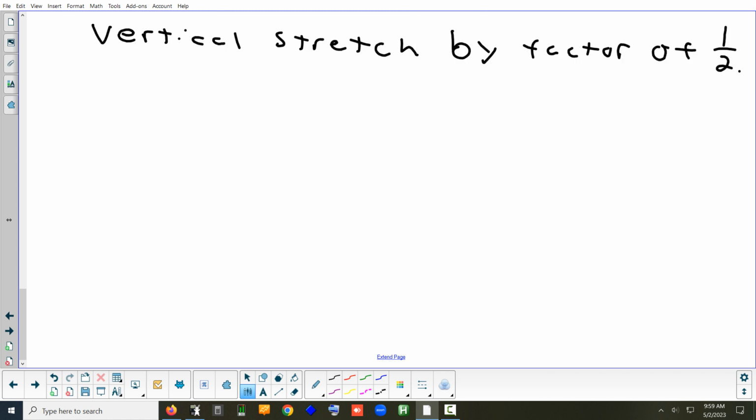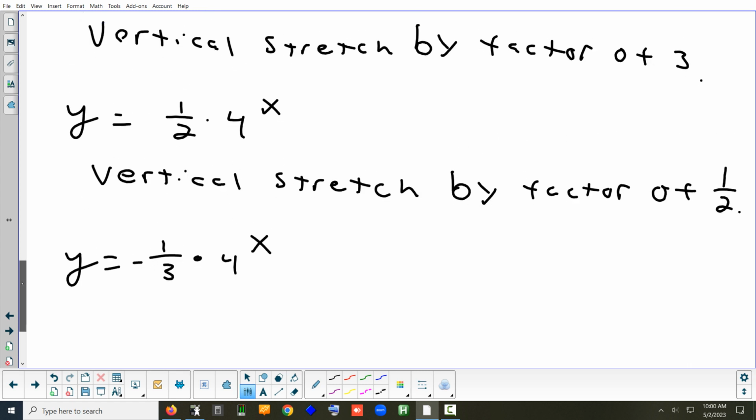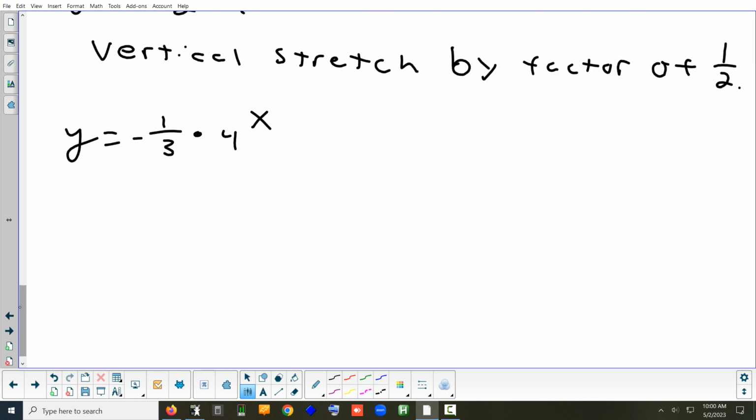All right. Now, what if I had one like this? Negative 1/3 times 4 to the x. Yep, what would be your first sentence? The graph is stretched vertically by a factor of 1/3. Yep. So just completely ignore the negative for now and write what you just said.